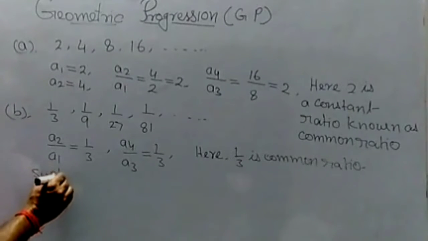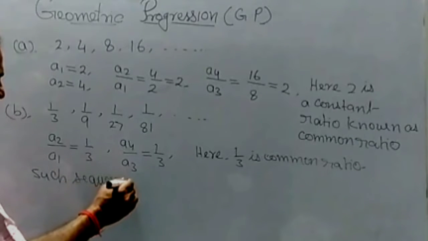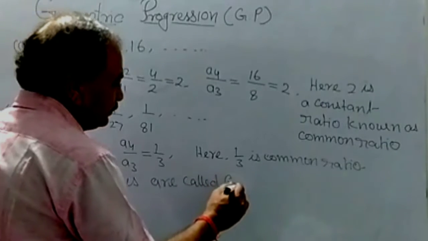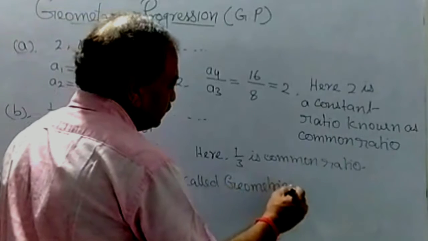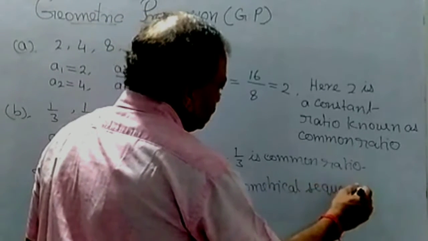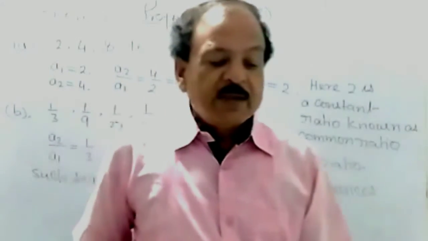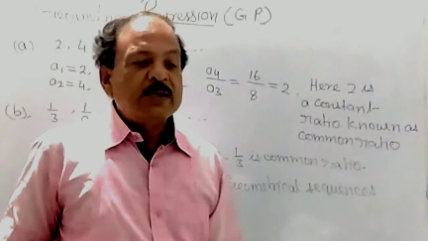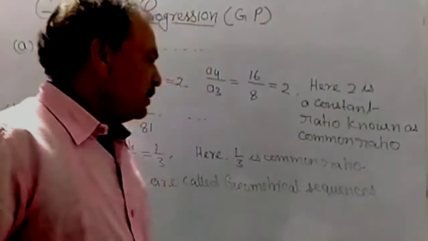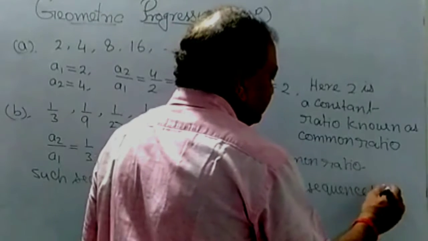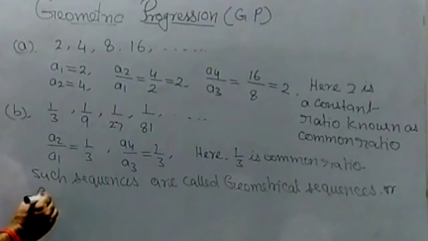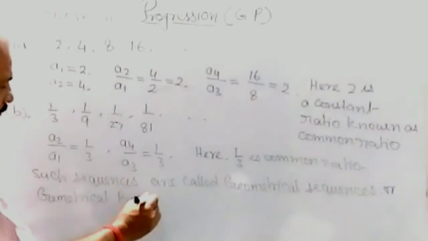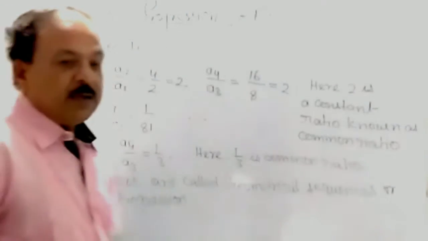Such sequences are called geometrical sequences, and this type of progression is called geometrical progression.